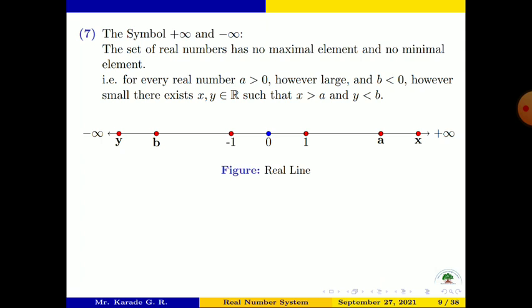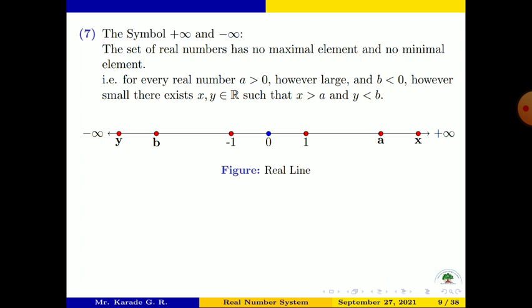Here some real numbers are shown on the real line. 0 is in the middle. On the right hand side there is 1, on the left hand side there is -1, and between 0 and 1 there are infinitely many real numbers.